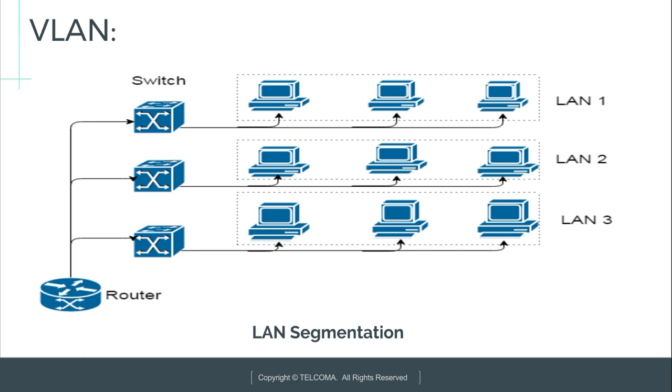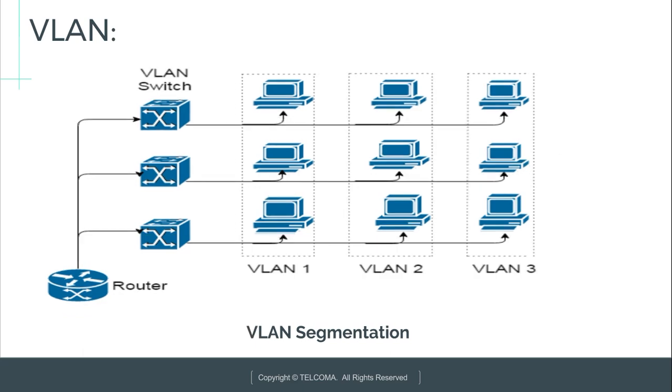In LAN segmentation, it has to send the message individually to every device. But in a VLAN network, if he wants to send the message to the devices in a particular VLAN, we create a VLAN network of those devices, then it broadcasts the message in that particular VLAN using a single switch. In this way the VLAN segmentation is used.